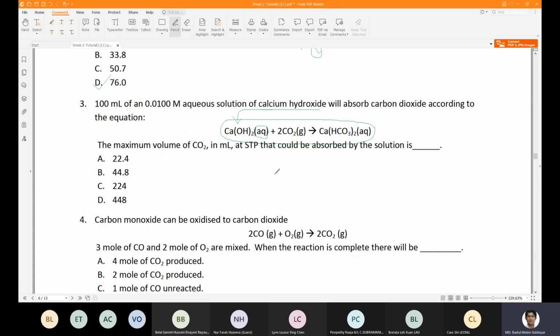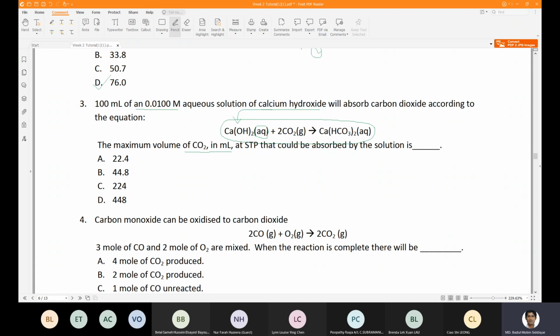It says that 100 milliliters of 0.01 molar aqueous solution of calcium hydroxide will absorb carbon dioxide according to the equation. The maximum volume of carbon dioxide in milliliters at STP that could be absorbed by the solution is what? How many milliliters of carbon dioxide is this calcium hydroxide capable of absorbing from the environment?